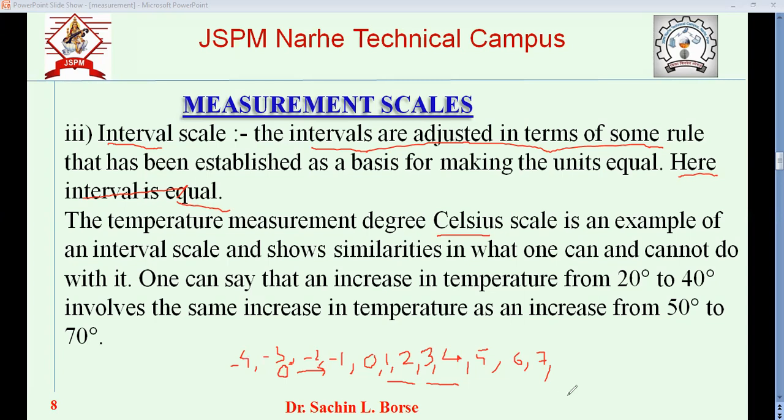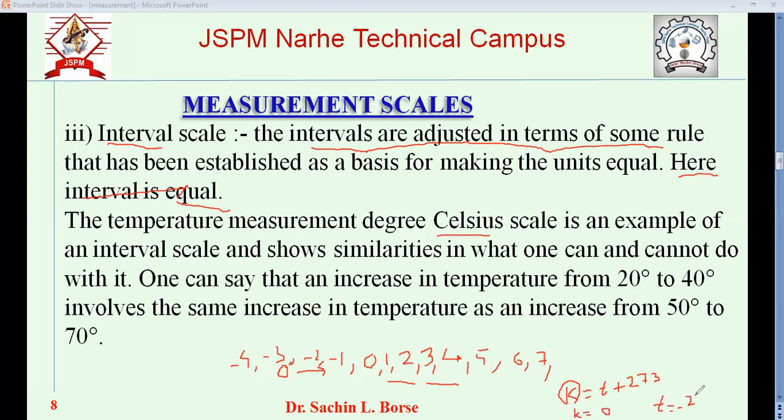So how we find Kelvin is: it is degree Celsius, which is small t, plus 273. So Kelvin is 0 when degree Celsius is -273.